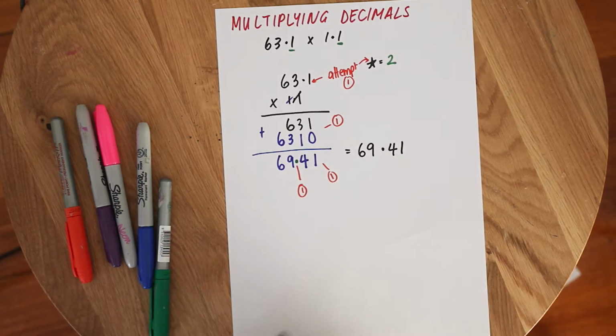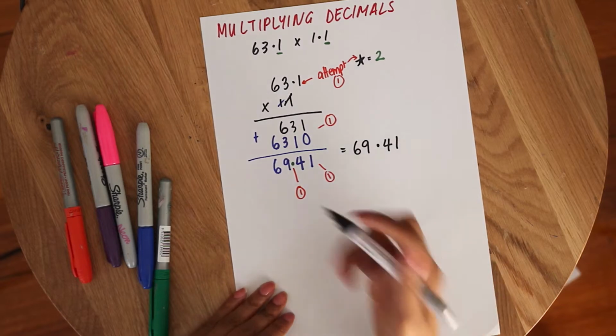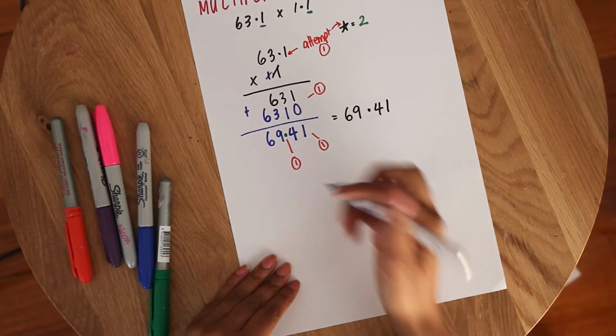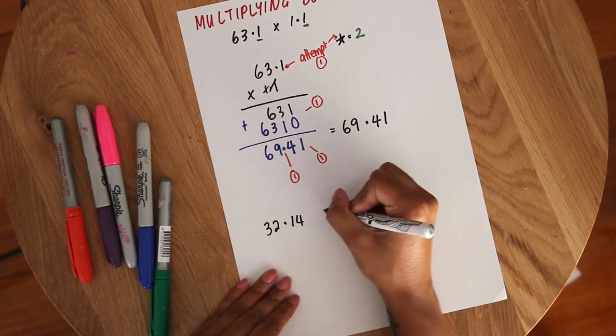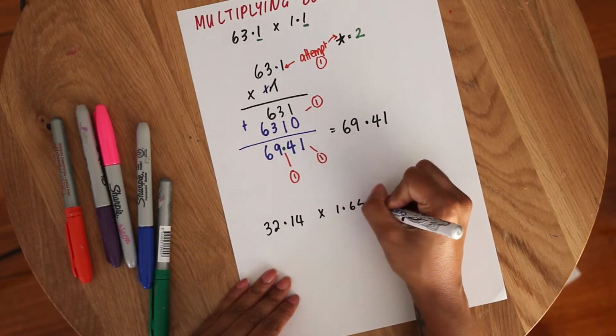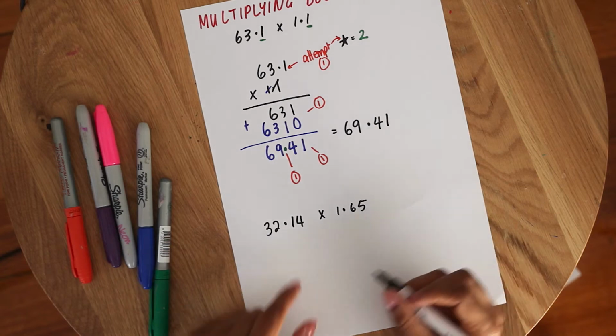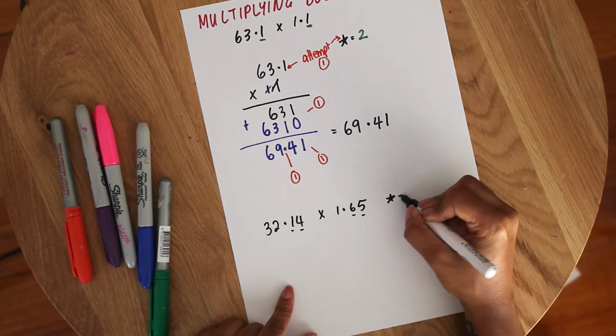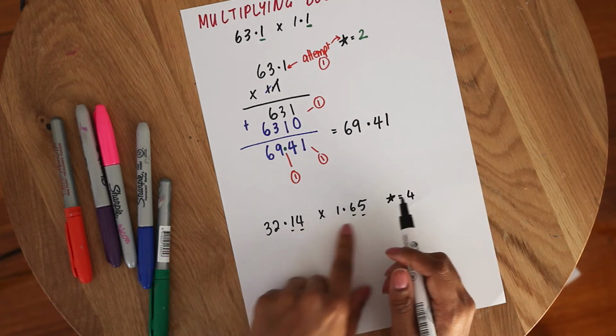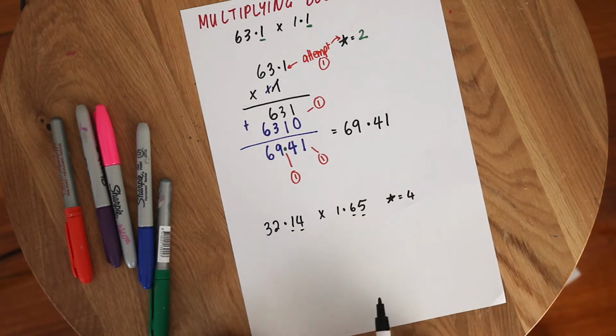Just to go through this idea of the star number very quickly, if we had, for example, 32.14 times 1.65, the star number here would be 1, 2, 3, 4, because there are 4 numbers in the question that are after the decimal point.